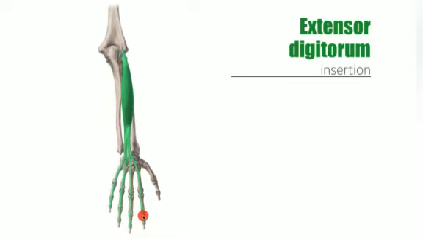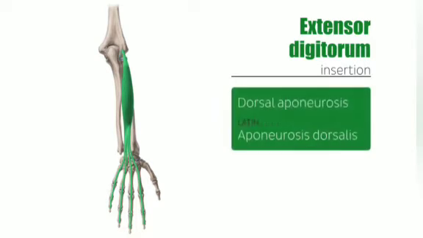So middle phalanges and also distal phalanges of the second all the way through the 5th finger, or your index finger all the way through your little finger. And here the insertion tendons build a sheet-like tendinous expansion called the dorsal aponeurosis, covering the medial, posterior, and lateral surfaces of the distal phalanges.